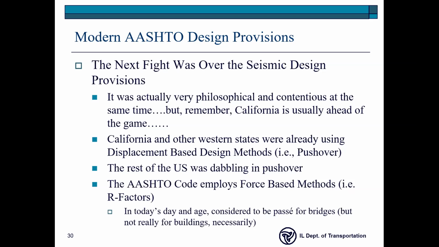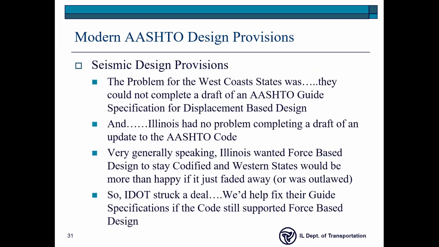California and Alaska and states like that only seem to focus on the highest design accelerations, and that's where displacement-based or pushover is most useful. Illinois is concentrated on using displacement-based design in far southern Illinois, but further north we felt R factor was okay. We wanted that option, and so we were fighting about that.